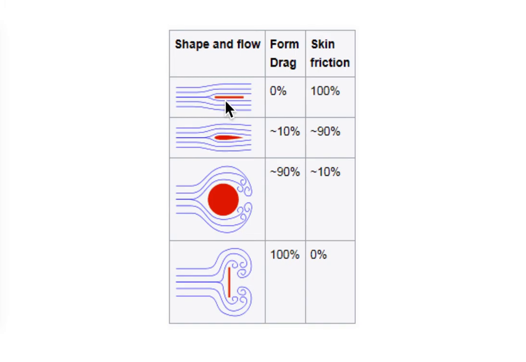When the thickness is a little bit thicker, like this aerofoil, we could say that a part of the total drag force comes from form drag, and the skin friction might be around 80 to 90%. Then for this sphere, for example, or this cylinder, we could say that the form drag is 90% and only around 10% contributes to its skin friction.